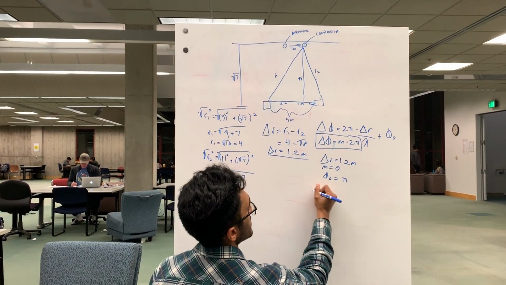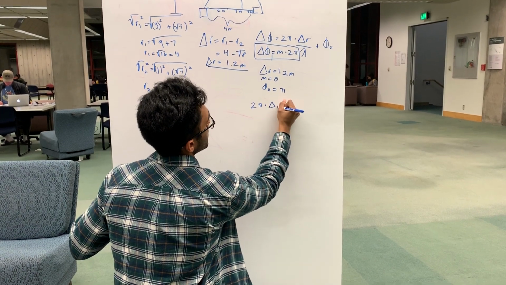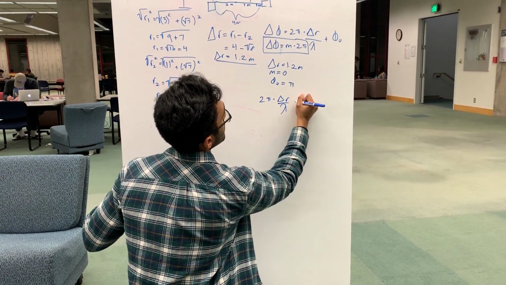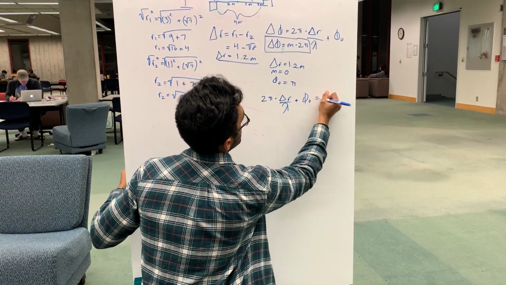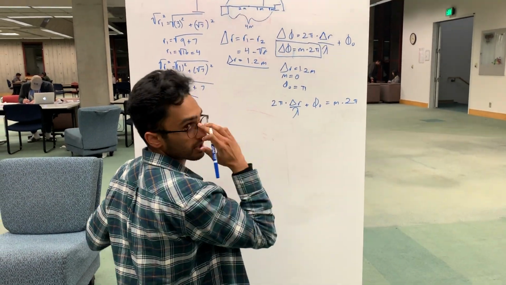It's essentially just going to be 2 pi times this equals m times 2 pi. And now we're just going to plug and chug.